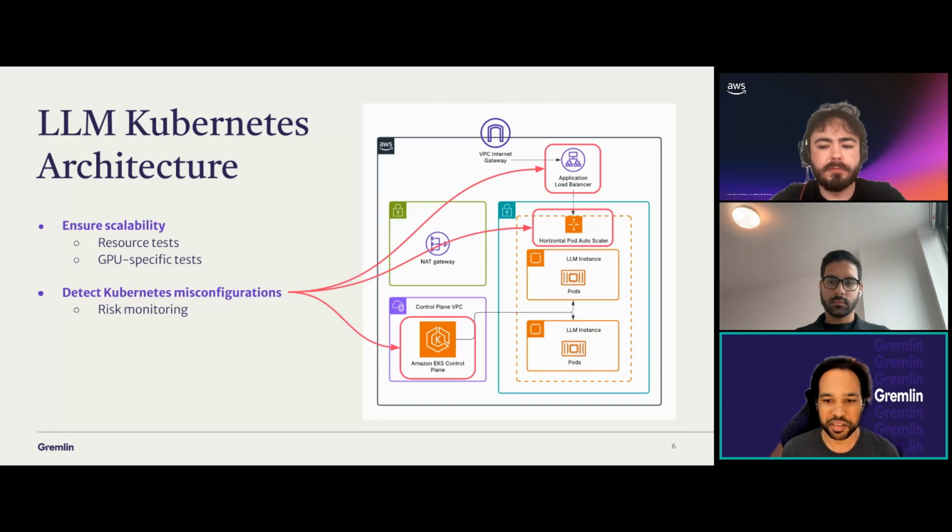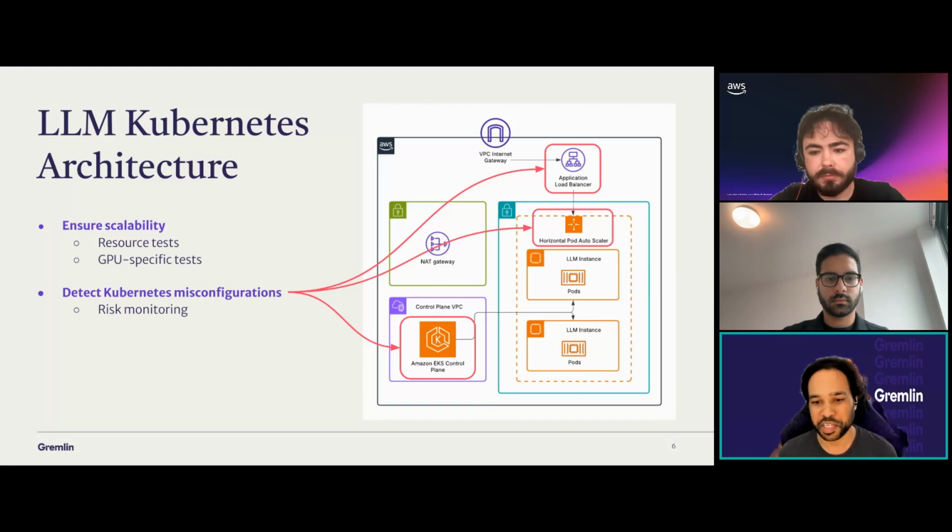Very common, very generic to all different workloads, but still really important to have. So as soon as you add your service into Gremlin, you can go into detected risks and see which ones Gremlin has automatically detected, and based off of that, be able to take actions to mitigate those risks and resolve them. And then if you want to take a more active approach, go back and actually run those reliability tests to make sure that you've mitigated those risks.